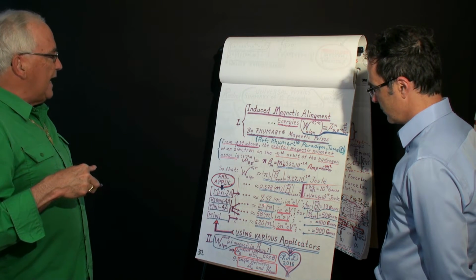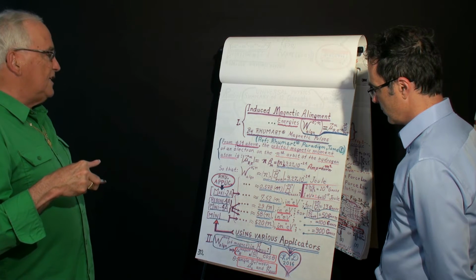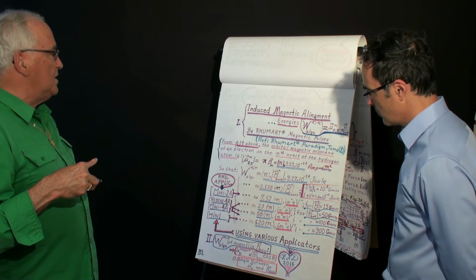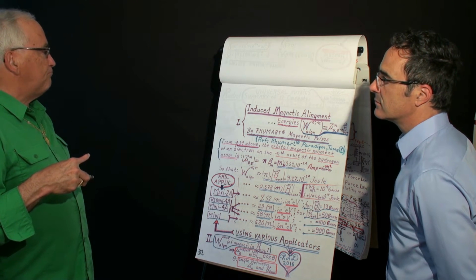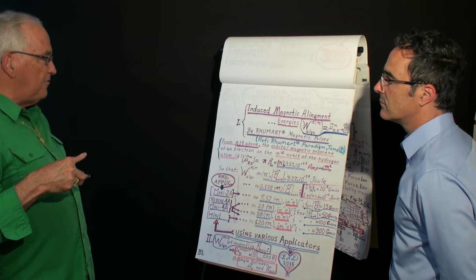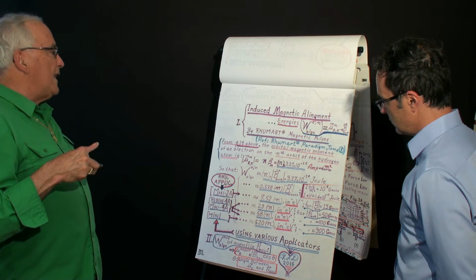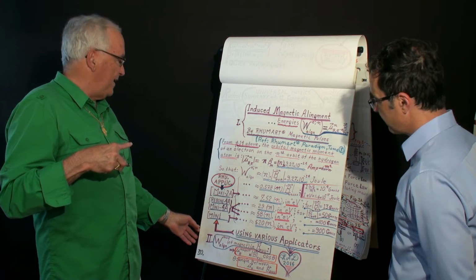So here we can calculate the magnetic alignment force using different applicators, depending, of course, on the external field, but just what is going to be exerted on electrons in the whole body, okay?